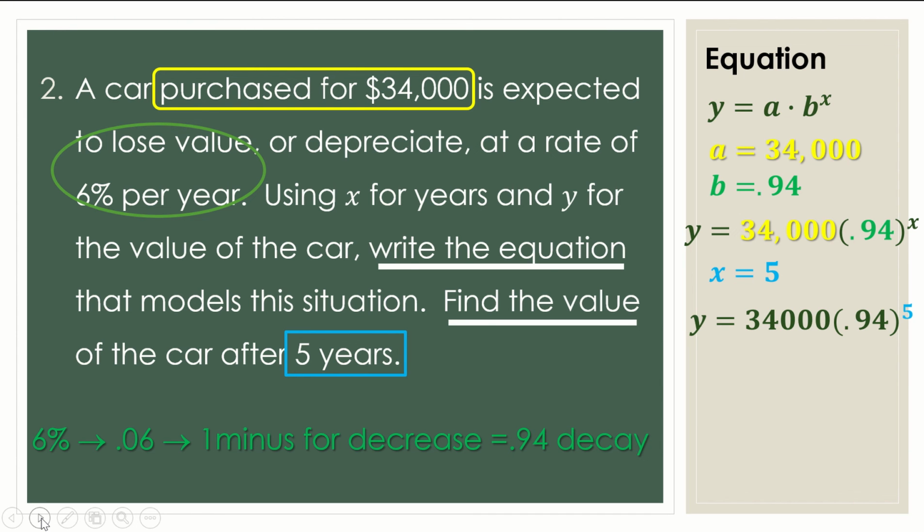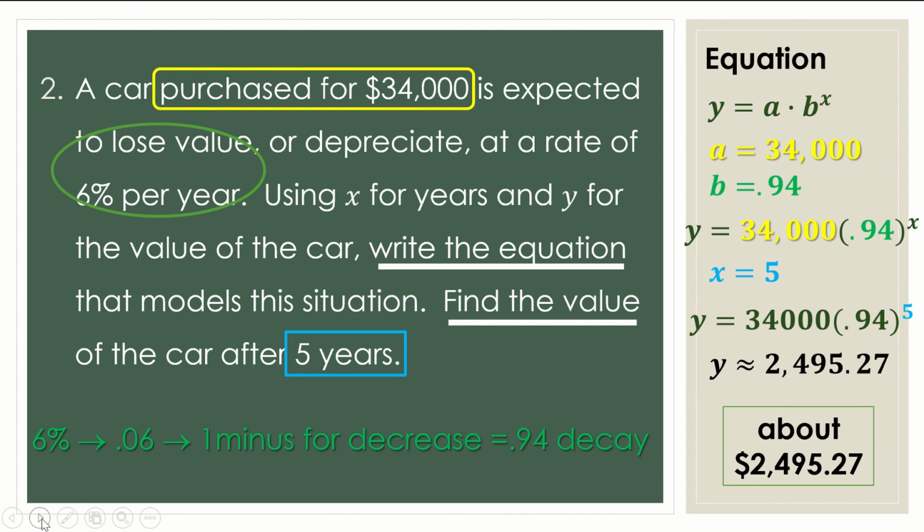So I will type in parentheses 0.94 raised to the 5th, get that answer, and then multiply by 34,000. We get an approximate value of $2,495.27. That is how much the car will lose in value.